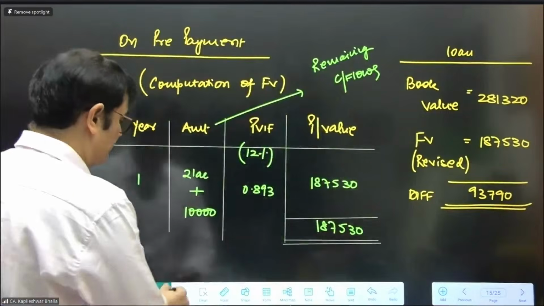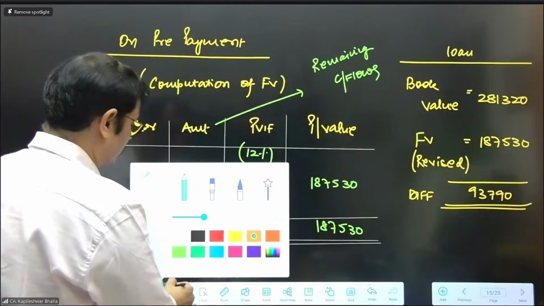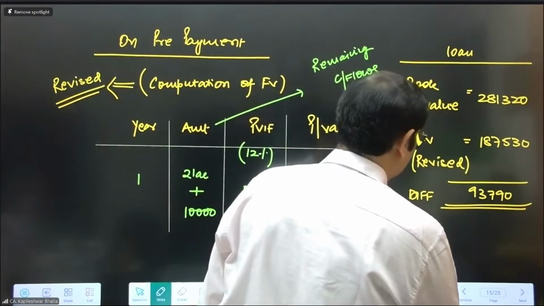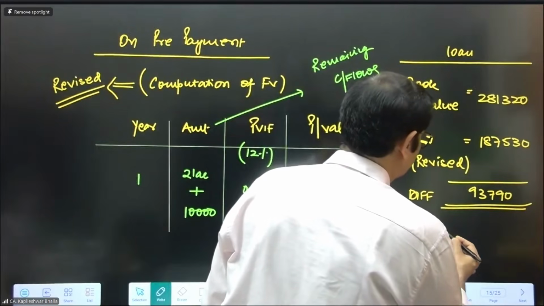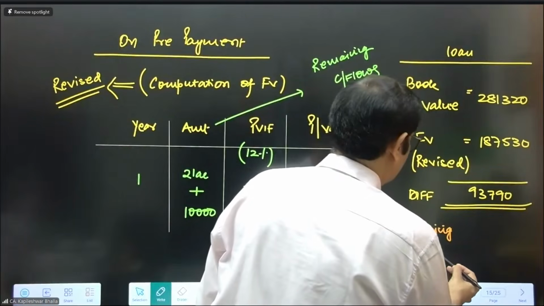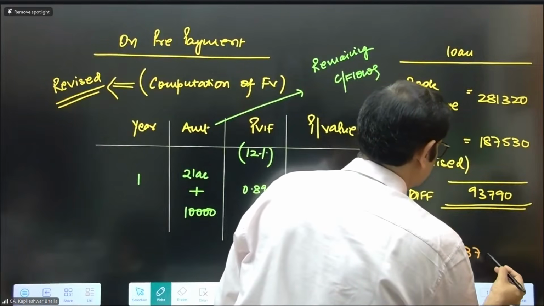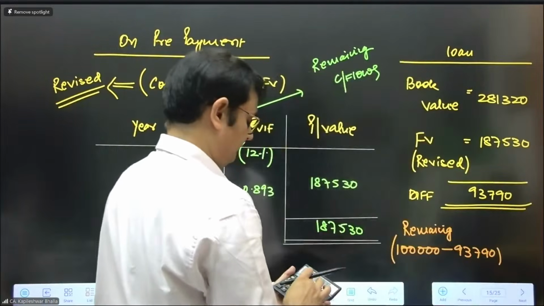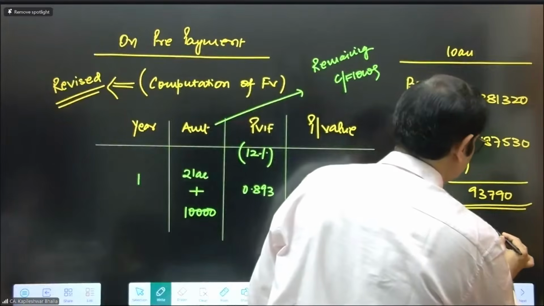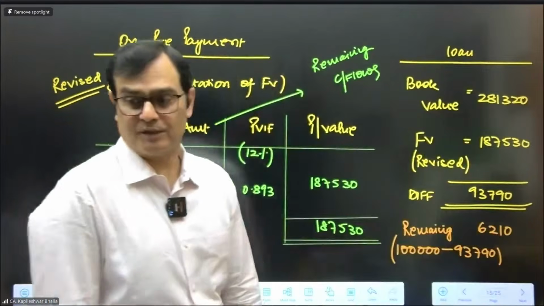This is going to get adjusted in the loan. Out of this 1 lakh rupees, the remaining amount, 1 lakh minus 93,790, that's, I think, 6,210. Where does it get adjusted?